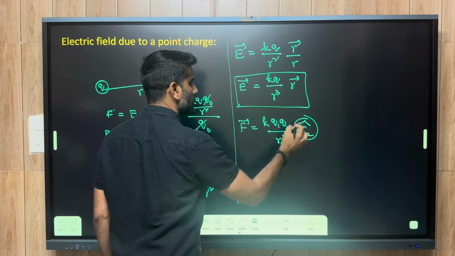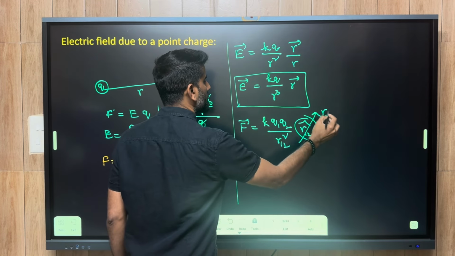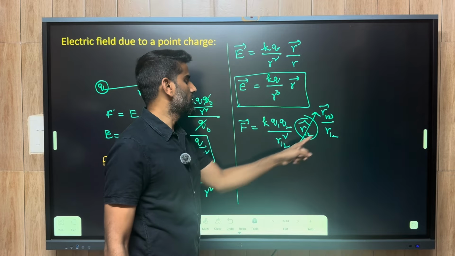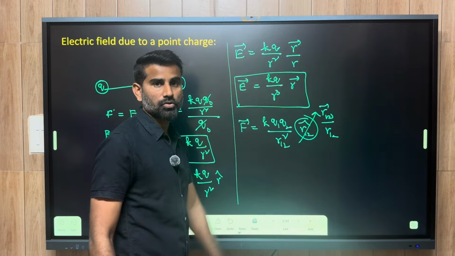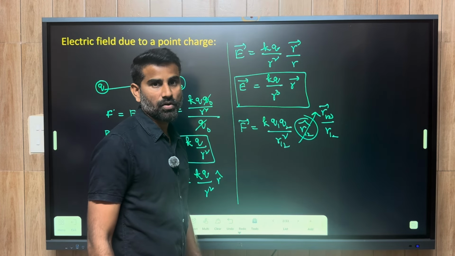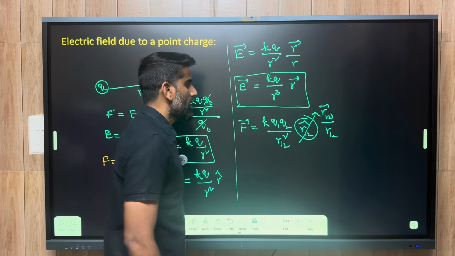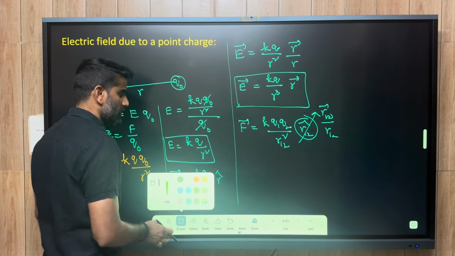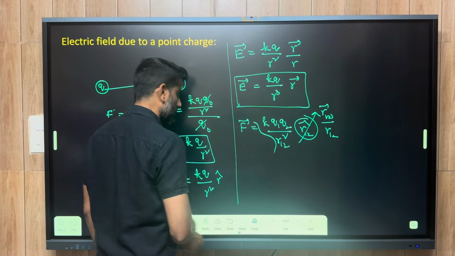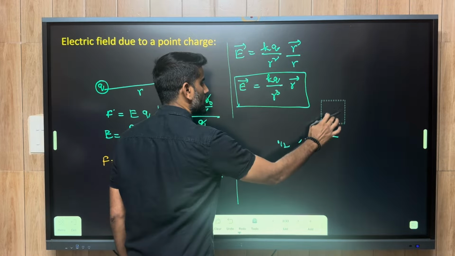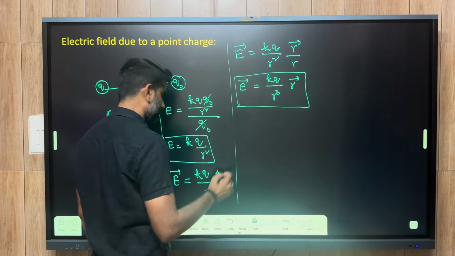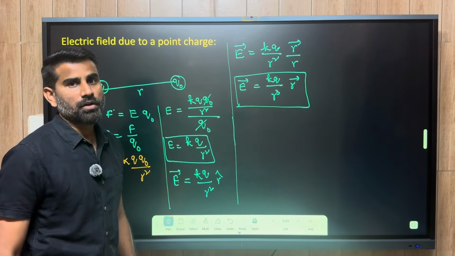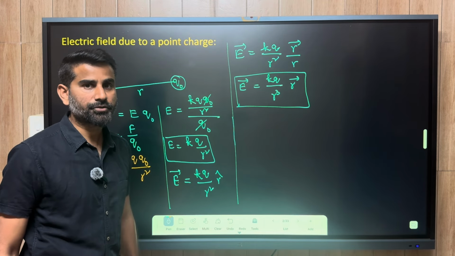This unit vector was further replaced with the R12 vector over the R12 magnitude, so R12 square became R12 cube, giving K Q1 Q2 by R12 cube into R12 vector. Hope you have understood the steps that I have followed. So this is the vector representation of the electric field due to a point charge.